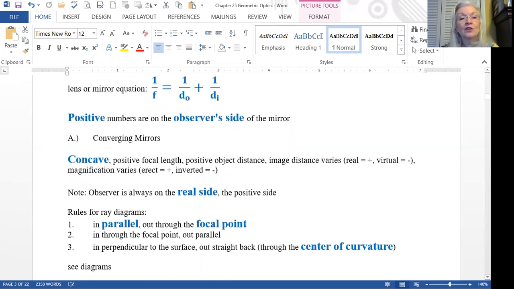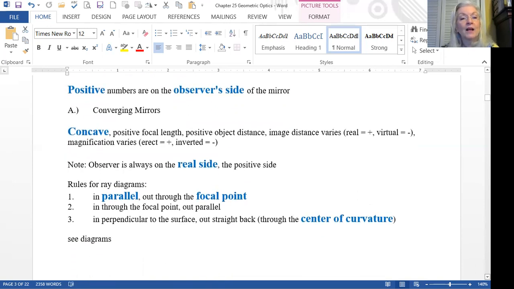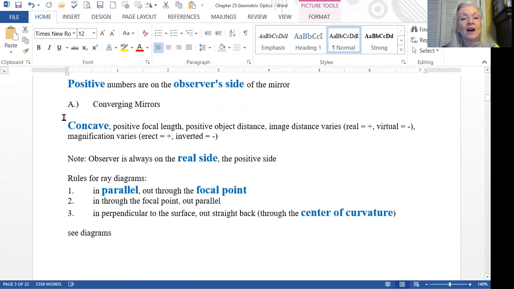So let's look at our converging mirrors. We're going to do this in lab. A converging mirror is a concave mirror. So if you looked into the bowl of a spoon, into the cupped part of a spoon, you are looking into a concave mirror. Or if you took a mirrored ball and you broke it open and you looked inside, not from the outside, but inside, that's also a concave mirror or a converging mirror. They have positive focal length, so their F values will be a positive number.